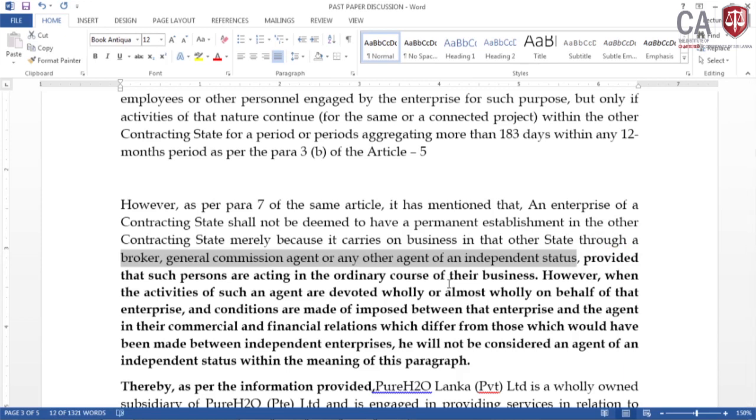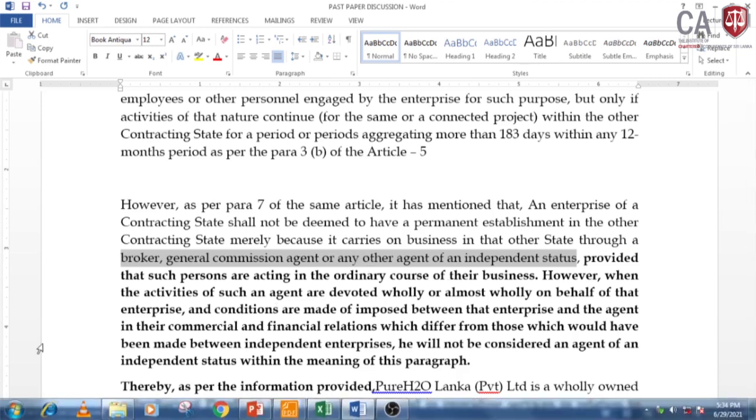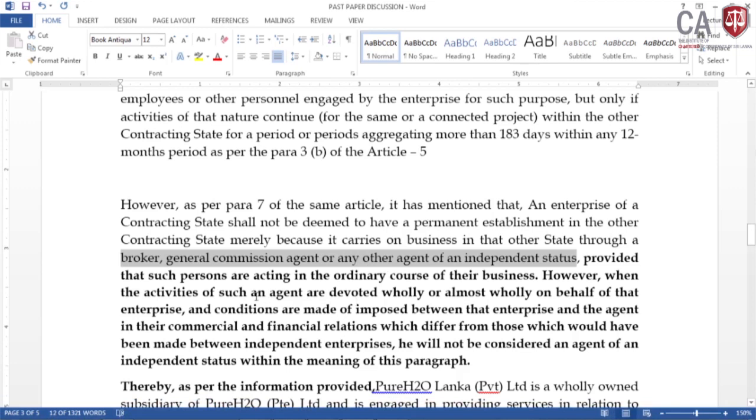Having an independent agent, it does not come in as the business profit of that particular non-resident person, provided that such persons are acting in the ordinary course of their business.